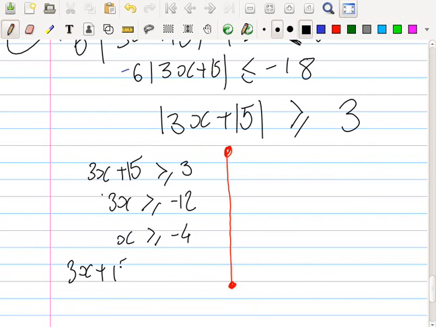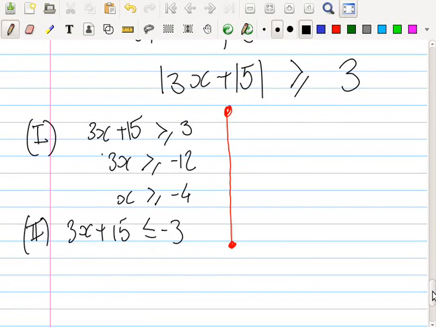For example, if this was minus 4, what's the absolute value of minus 4? 4, yeah? Which of course is bigger than 3. And if this was minus 5, it'd be 5, which again is bigger than 3. So you have two possibilities to think of. The first possibility is that this is more than or equal to 3. And the second possibility is that this is smaller than or equal to minus 3.